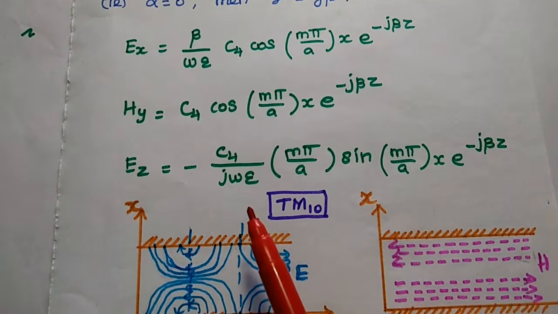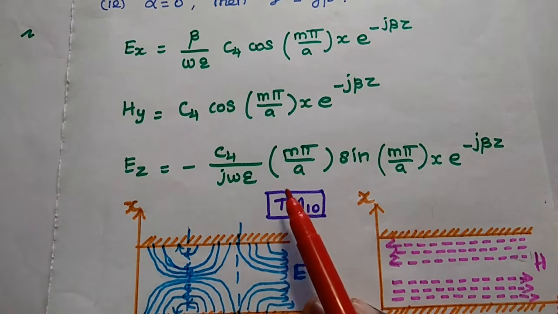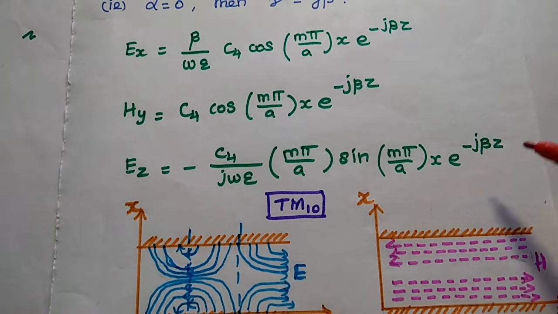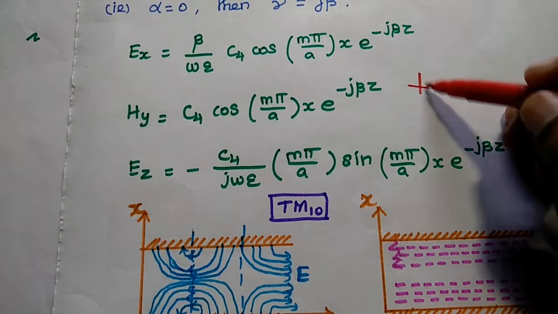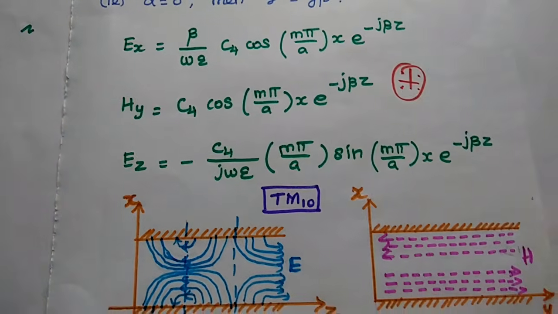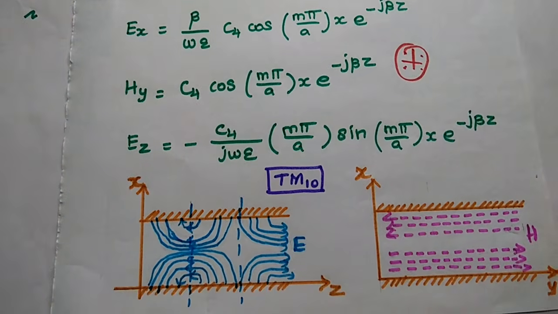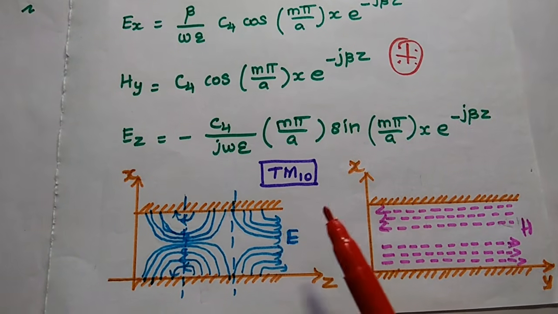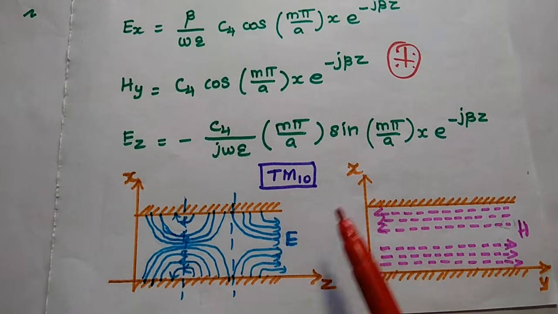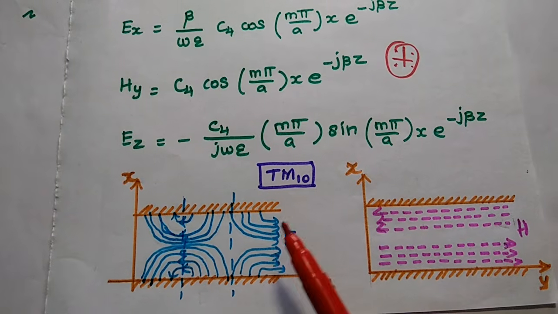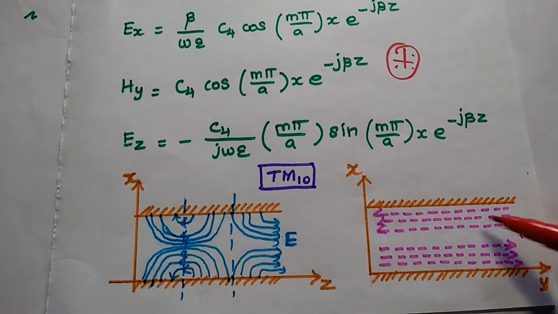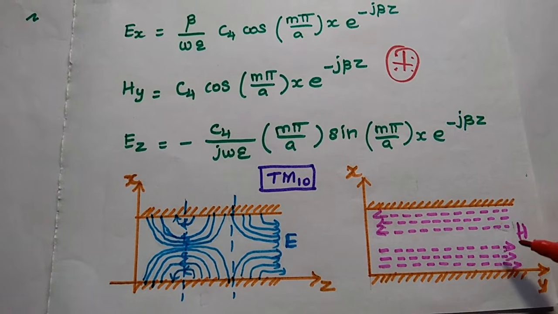Ez is equal to minus C4 by j omega epsilon, m by a, sin m by a x, e power minus j beta z. So these are the field components for TM waves. Okay, here we can take the TM10 wave. For this TM10 wave, the electric field can be represented like this between the parallel planes, and here we can have the magnetic fields like this.